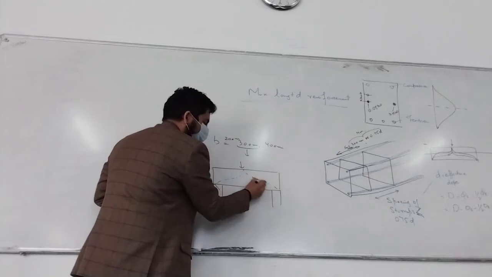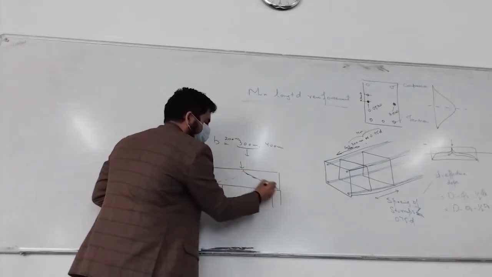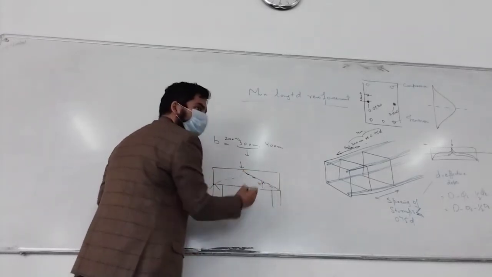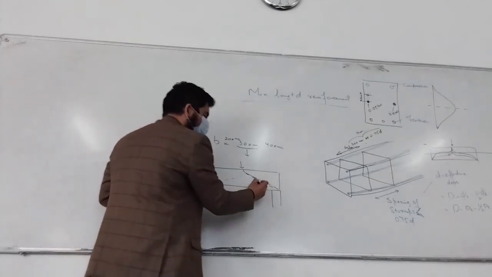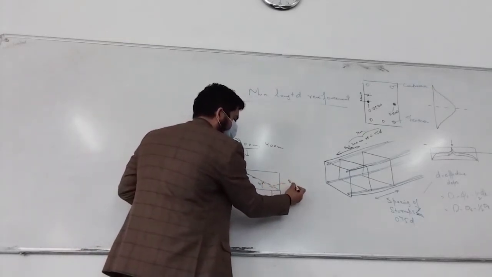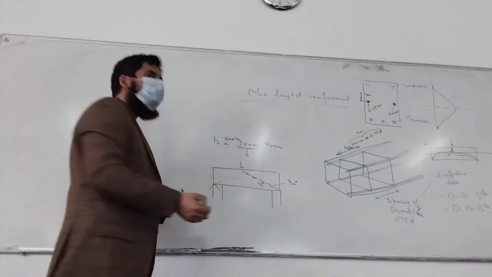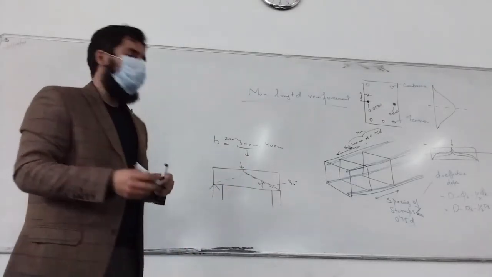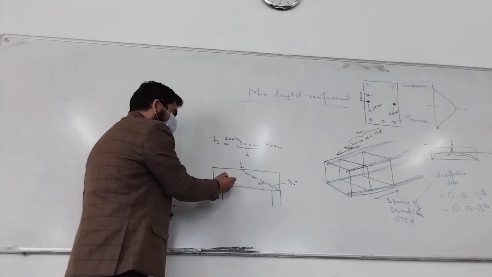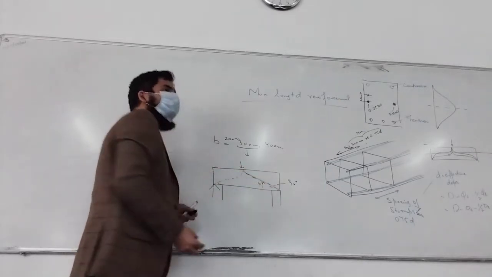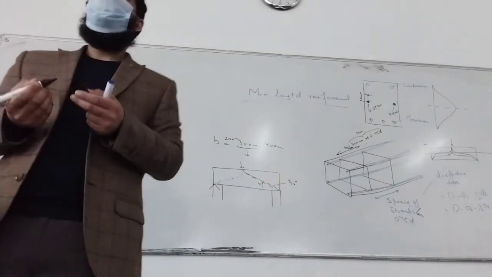At maximum it goes at an angle of 45 degree. It may go down to a minimum of 30 degree. At 90 degree there is no shear force transmission. This is actually the load flowing towards the support. That's what is shear force.